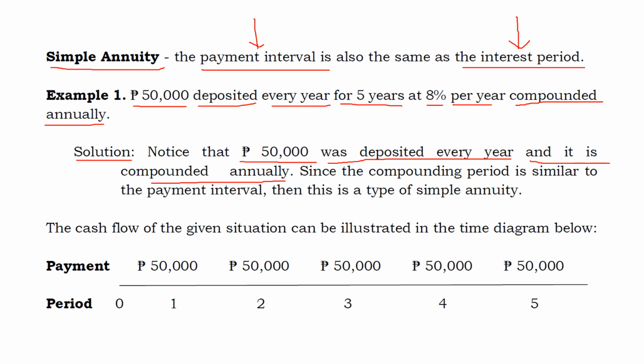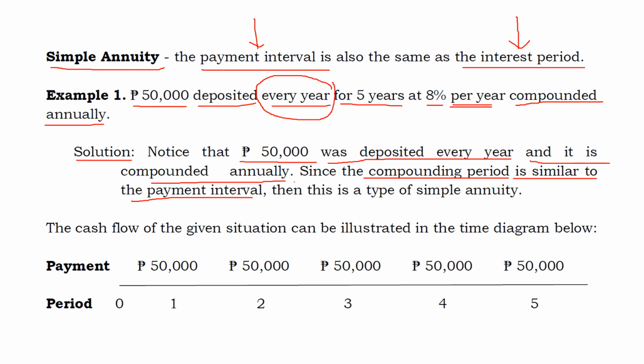After a year, there is another 50,000, and this first 50,000 will first earn interest at an 8% interest rate, compounded annually. Since the compounding period is similar to the payment interval, your compounding period here is per year, and the payment interval is every year.